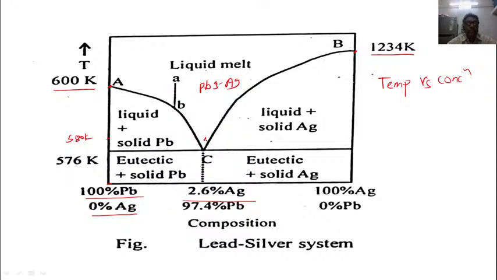But if you see here, whenever there is 2.6% of silver and 97.4% lead, they are in the liquid state totally here. So their melting points are supposed to be less here. It means that as we change the composition of the system, the melting point of the lead and silver is also going to be changed.